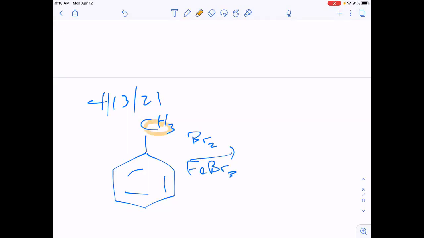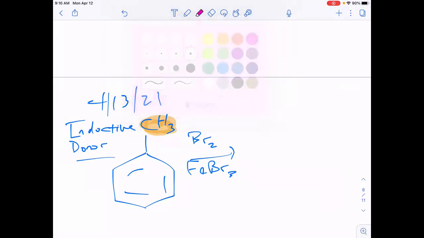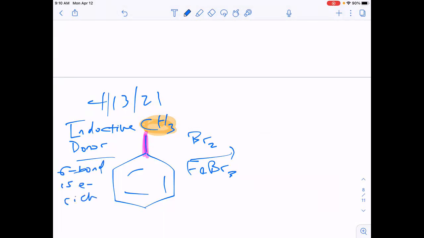That alkyl group is a donor. It's not a resonance donor, it's an inductive donor. It's an inductive donor because that bond between the two carbons, the carbon-carbon bond here, is electron rich. So that sigma bond can be like an inductive donor. Right, so alkyl groups will act as ortho para directors.